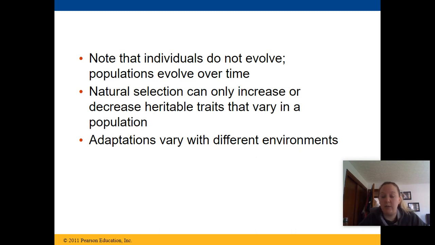We see that in the human population as adaptations in skin color to how close to the equator we are. Typically, the closer to the equator, the darker skin you have because you want less vitamin D absorption. Where we live, and even north of us, we tend to have lighter skin because we need to absorb more vitamin D because we don't get as much sun year round.